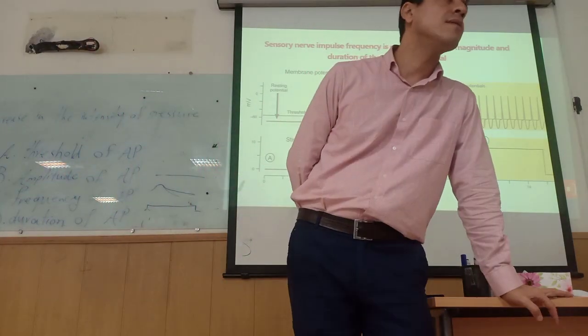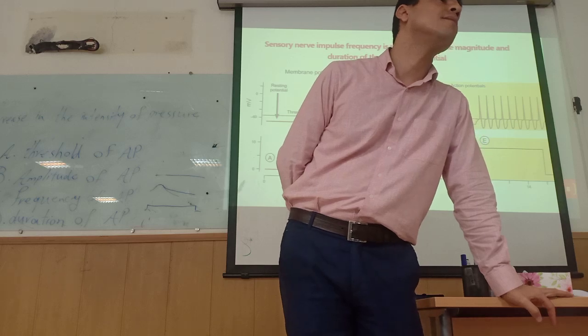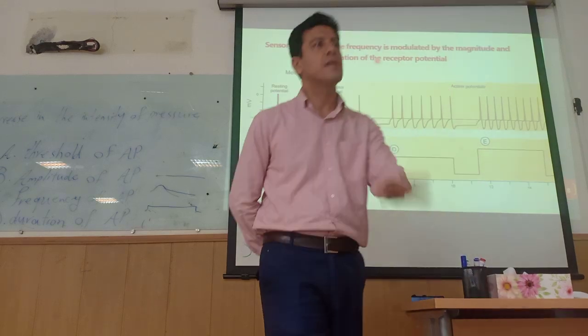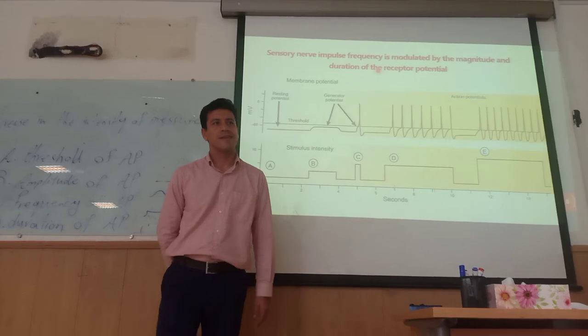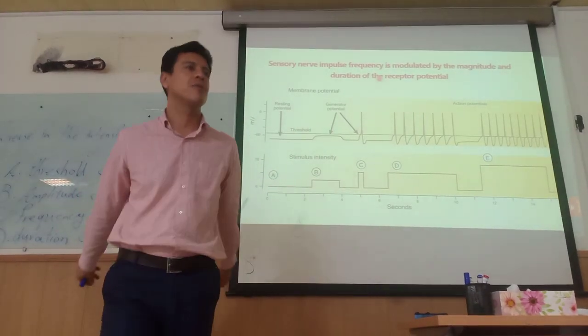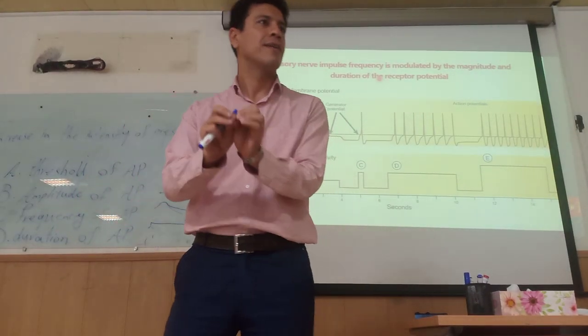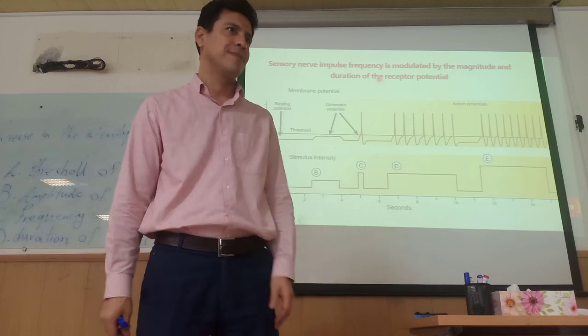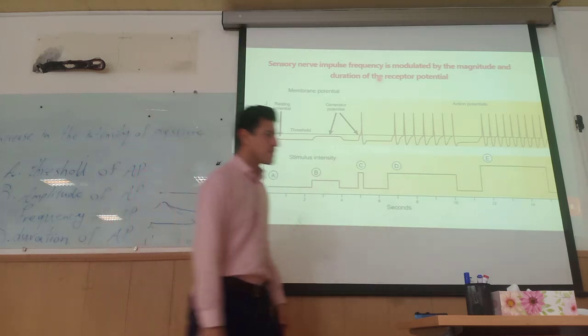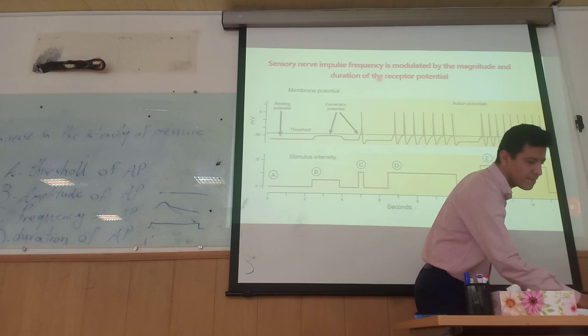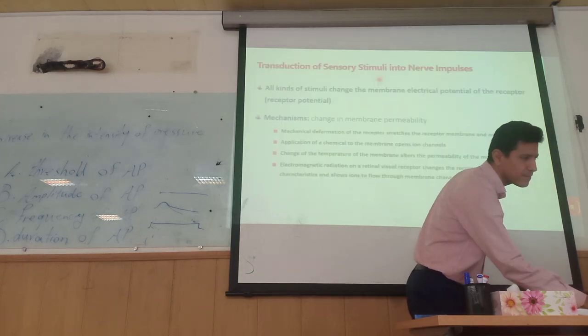So what is the difference between receptor potential and electrotonic conduction? Because I think both are the same. Yeah, it's the same actually. Both of them are electrotonically conveyed. Because receptors are in the cell, before action potential we don't have electrotonic conduction.